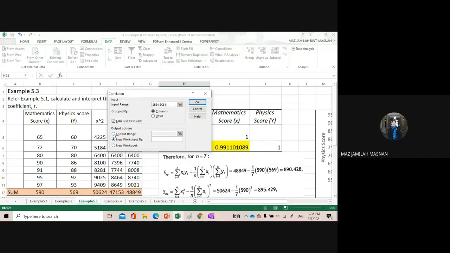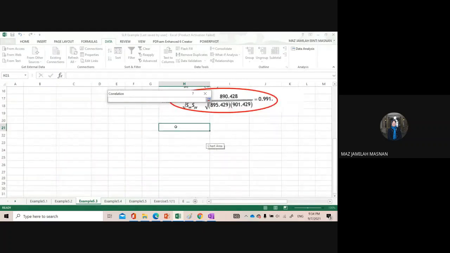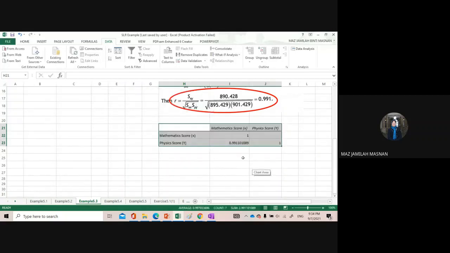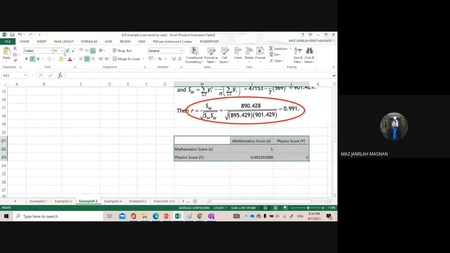And I identify where my result will be. So I just click one box and then click OK. So this is your result for your correlation.